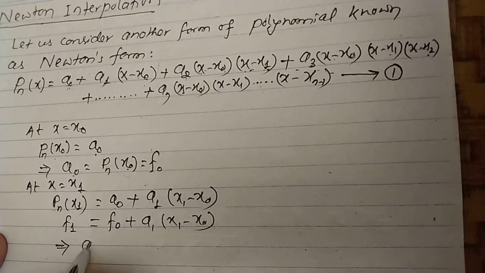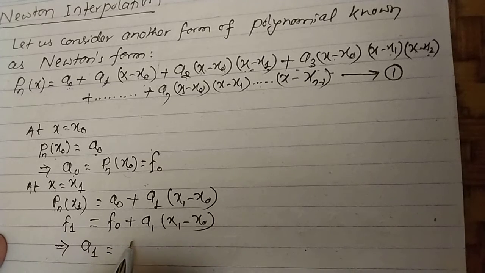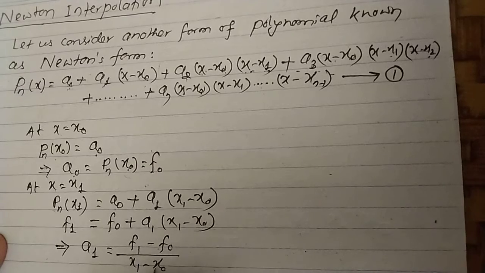If you solve to get the value of coefficient a1, a1 is (f1 minus f0) whole upon (x1 minus x0).